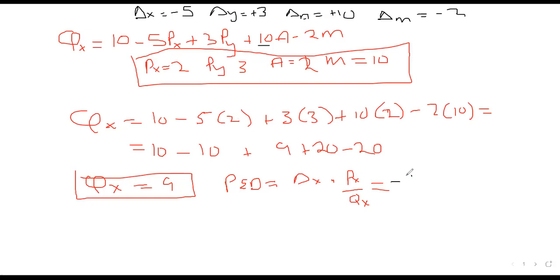So the gradient for good X is -5. The price for good X was given as +2, over our figure here, 9. So what is negative 5 times 2? It is -10. 10 over 9, what are we getting?